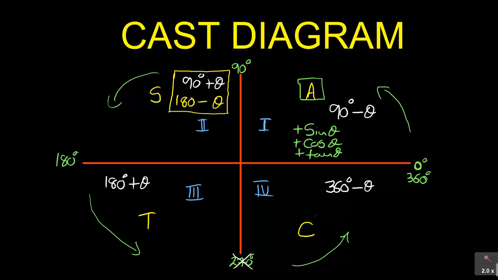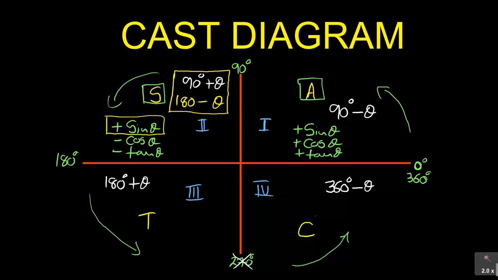And then in the second quadrant, we have got S. I write them again: sine theta, cos theta, and tan theta. Of these, S means only sine is positive, the rest are negative. That is the only reason it says S.